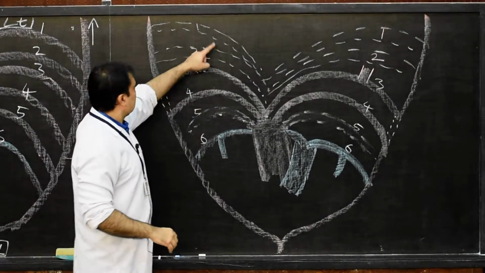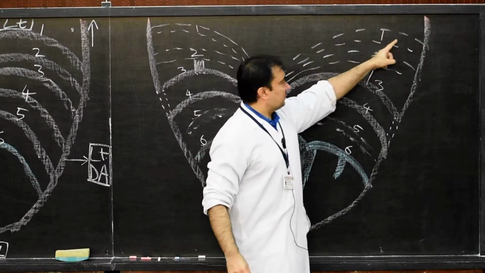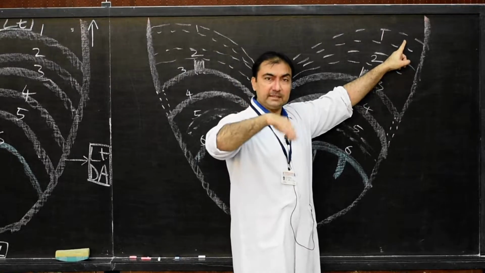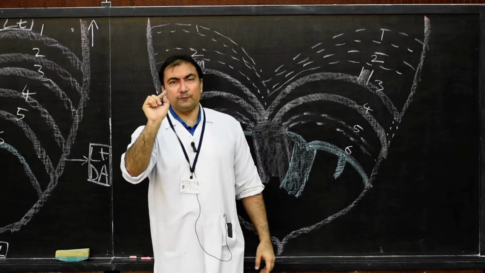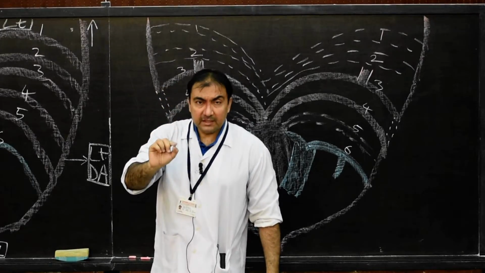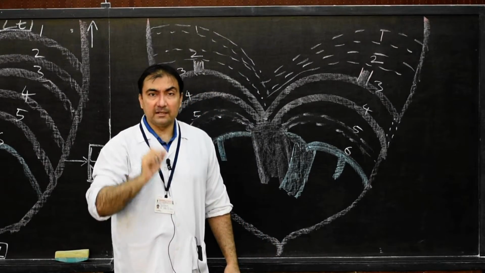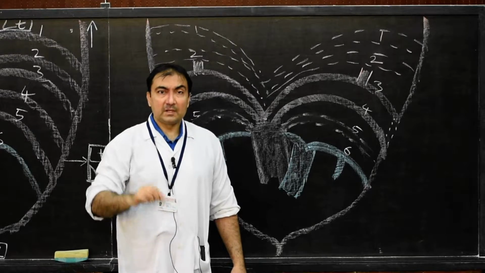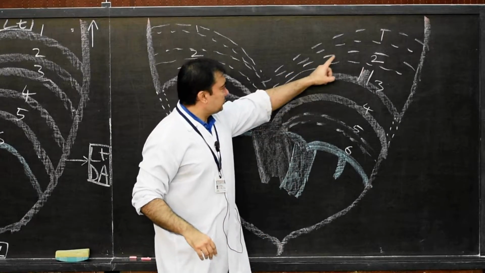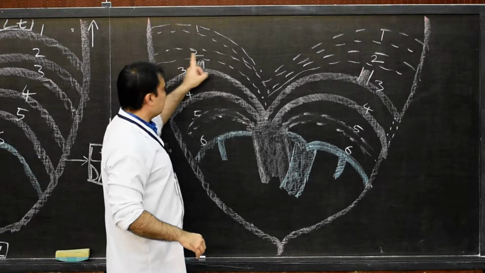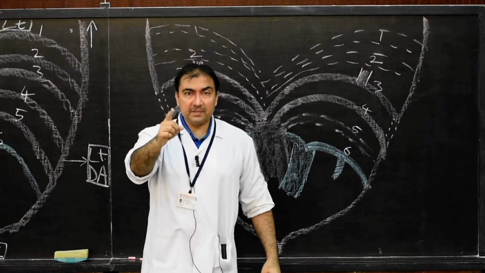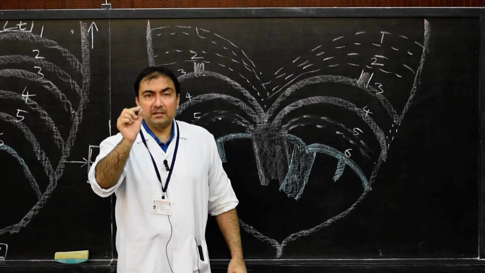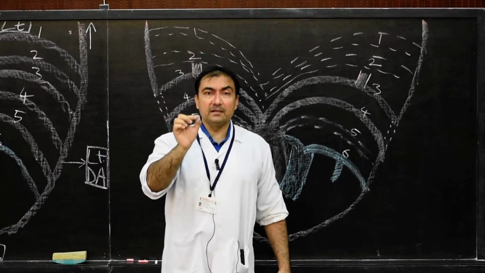Second point, the first arterial arch also we have shown in dotted manner. It will disappear next. It will leave behind a small segment of artery which will be represented as the maxillary artery. The second arterial arch also we have shown on both the sides, right and left, in dotted margin. It will also disappear, except that a small portion of the artery will remain, which will be known as the stapedial artery.